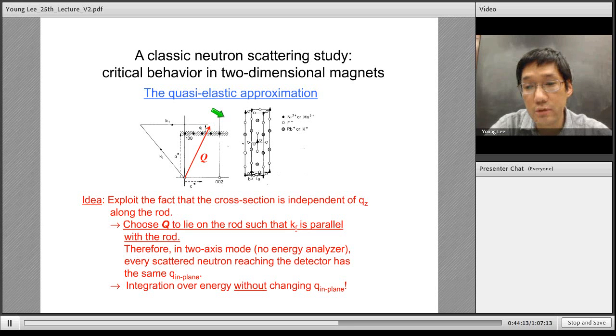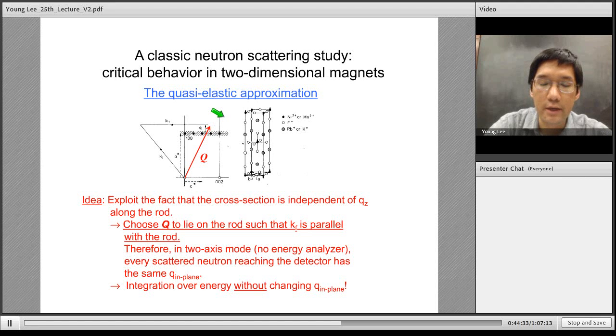So QZ will change if KF changes. So by measuring various KFs in a fixed spectrometer position, you are integrating over many final energies.